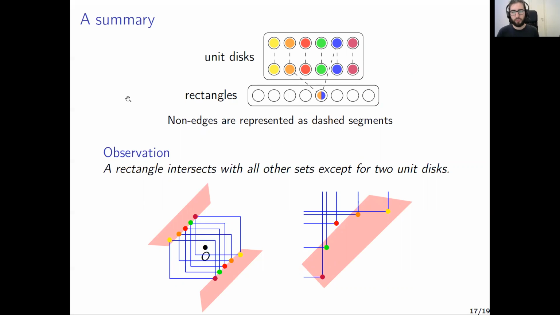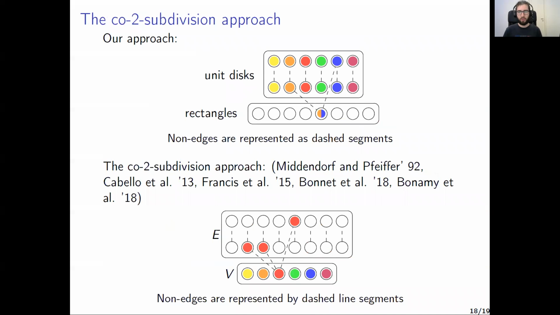And why I wanted to do this summary is to tell you a little more about why our technique is interesting. It's because there was already a known approach before, called the cone subdivision approach, which was used many times by many people. I don't want to give you too much detail about that, I don't have the time. But the approach was very similar.